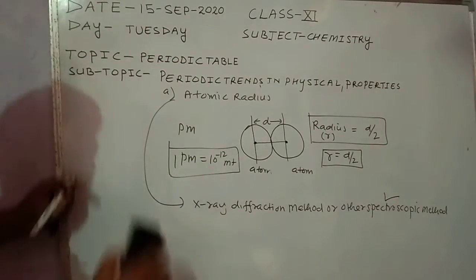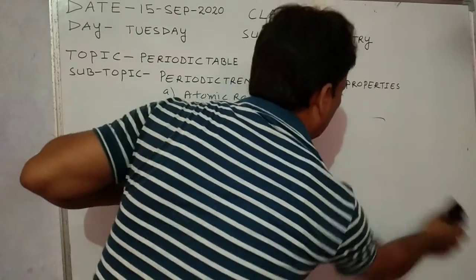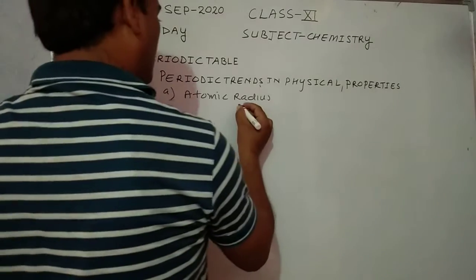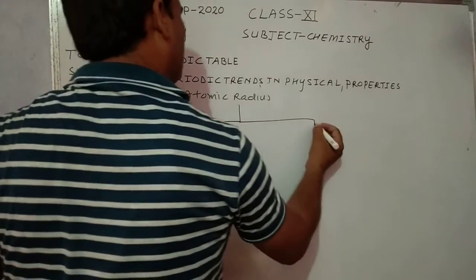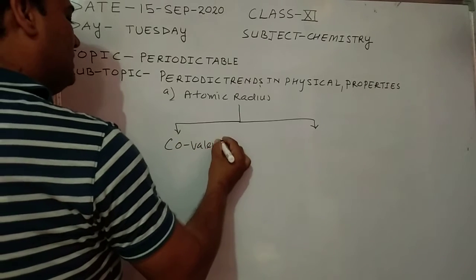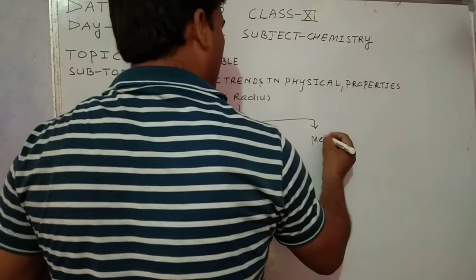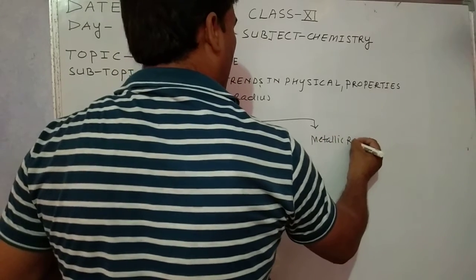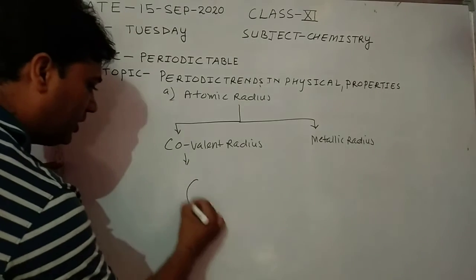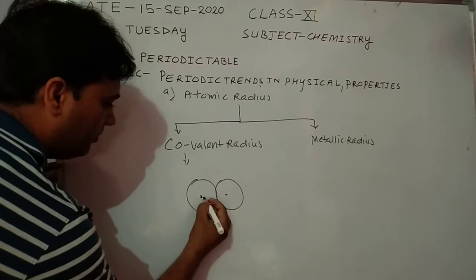Next point is that atomic radius is divided into two types: covalent radius and metallic radius. What is covalent radius? Half of the internuclear distance between two bonded non-metal atoms.